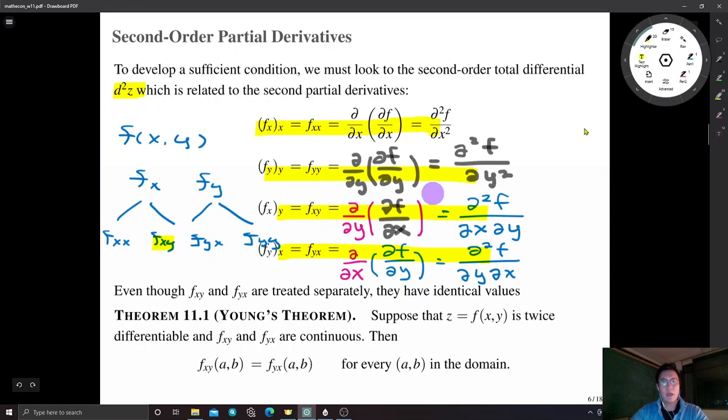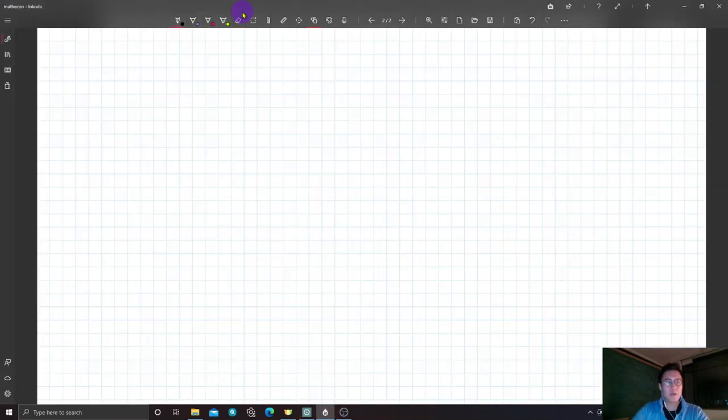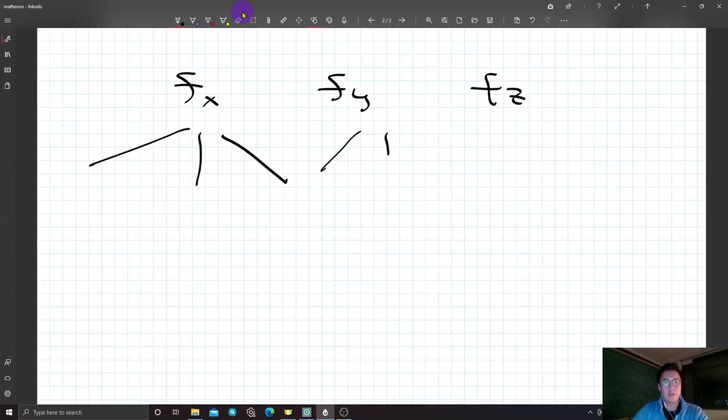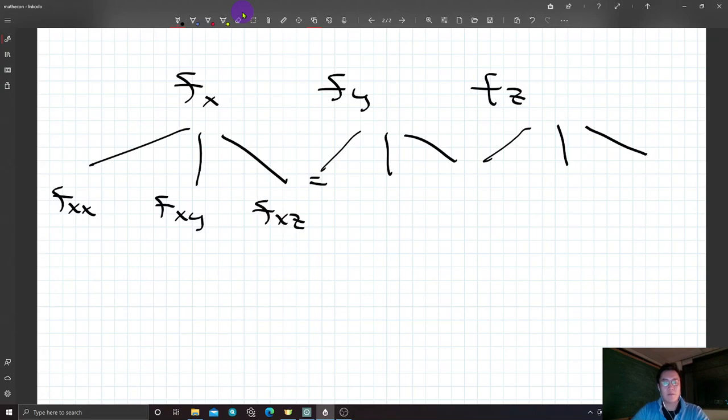You can easily see that if the function depends on three variables, x, y, z, then we have three first order partial derivatives, f sub x, f sub y, and f sub z. Then each gives rise to three different second order partial derivatives: f sub xx, f sub xy, f sub xz, and f sub yx, f sub yy, f sub yz, f sub zx, f sub zy, f sub zz.